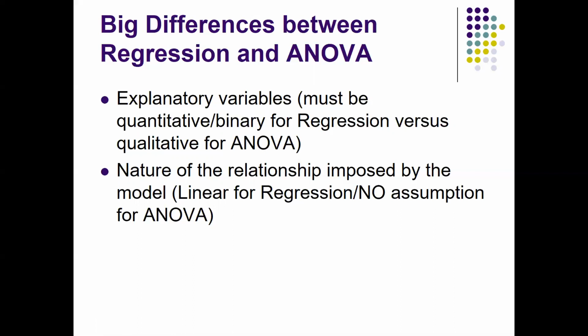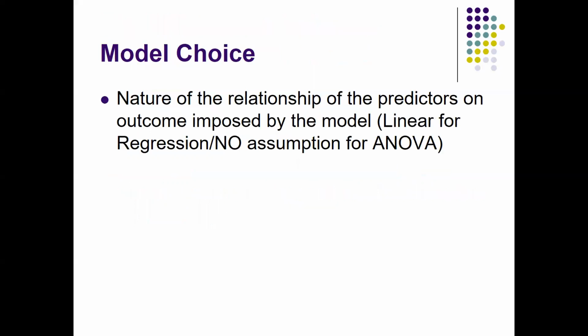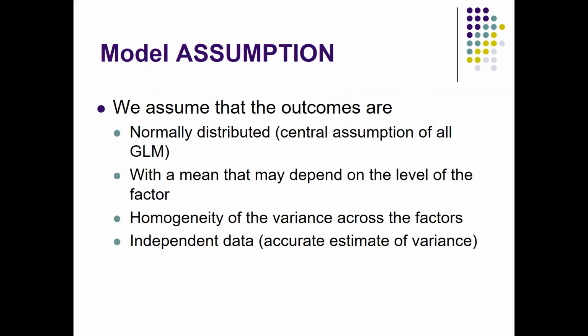The ANOVA model makes no assumptions of the nature of the relationship. So while both models are doing the same thing, the cell mean model, the ANOVA model, just says, hey, the means can have any kind of relationship, any kind of pattern. And the ANOVA model is embracing that. So the big thing is the nature of the relationship of the predictors on outcome imposed by the model: the regression model assumes a linear relationship with the predictors, whereas the ANOVA makes no assumptions.